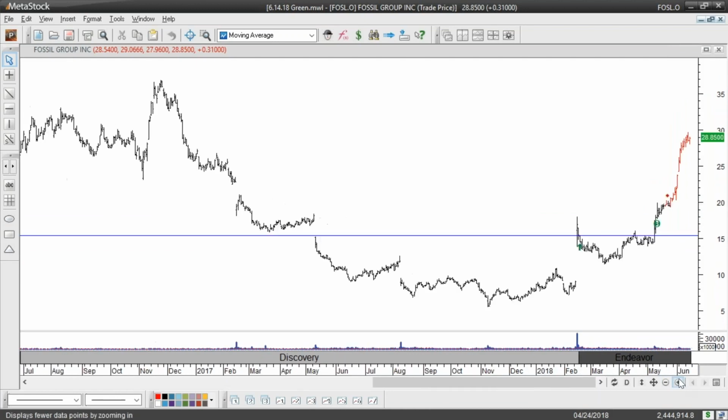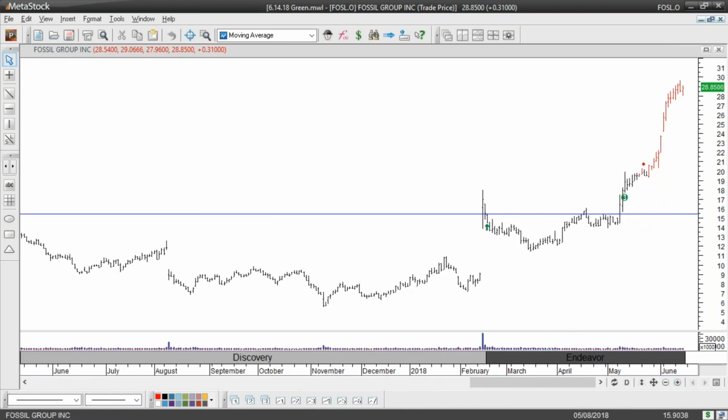We'll zoom back into this. This means that from our entry price on 5/10 at $18.87, today it's trading at $28.85. Let's see, on a percentage basis, well, above $23, that's got to be 20%.